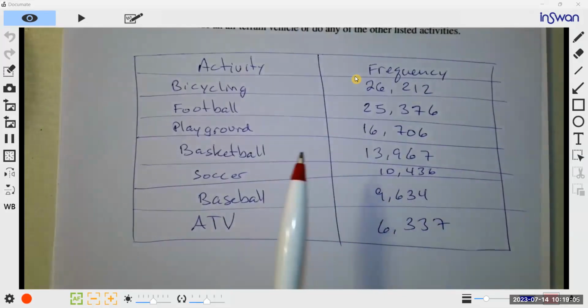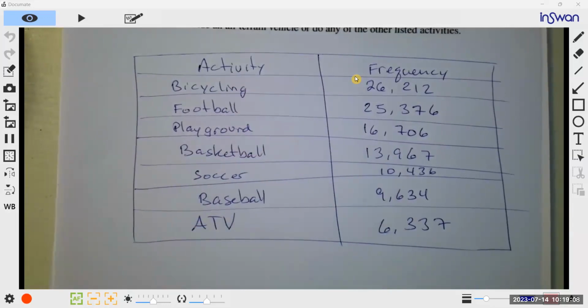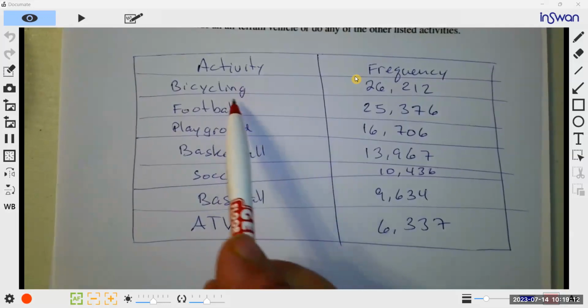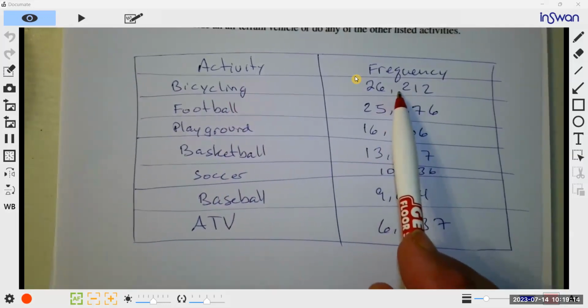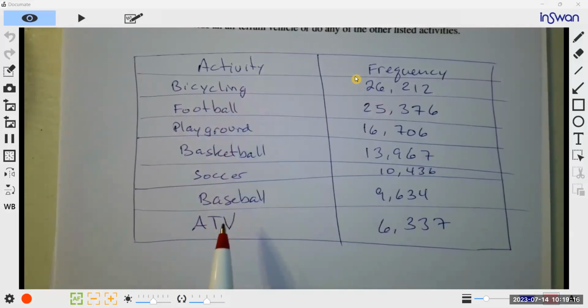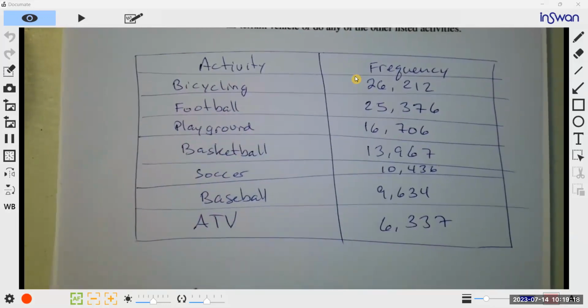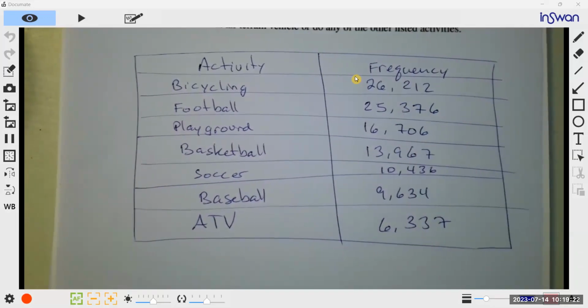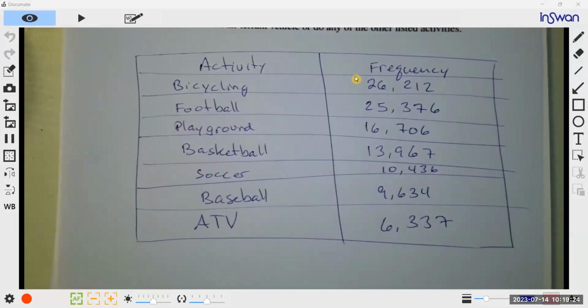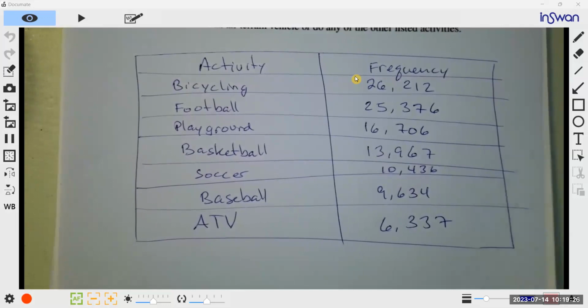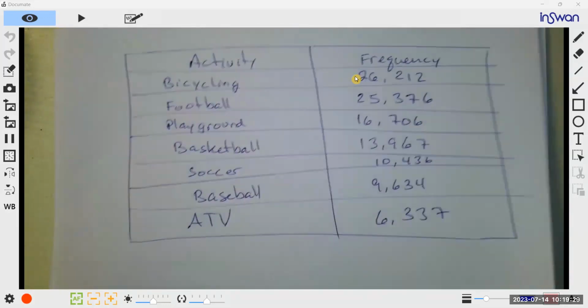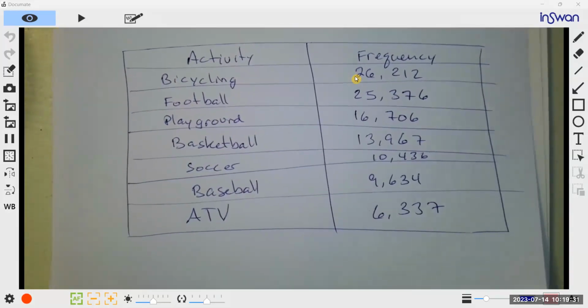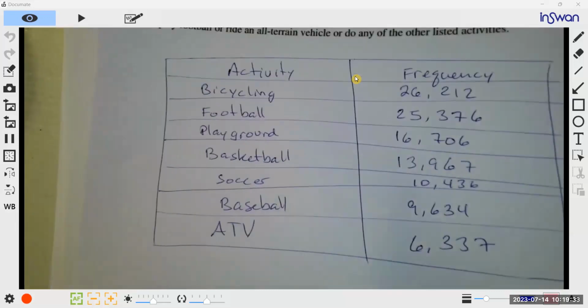So this is a qualitative analysis, because all we did was look at the frequencies of each of these activities. These are not classes, these are ranked by the frequencies. But again, from there, we'd have to do further analysis to see exactly what this really tells us. All right.